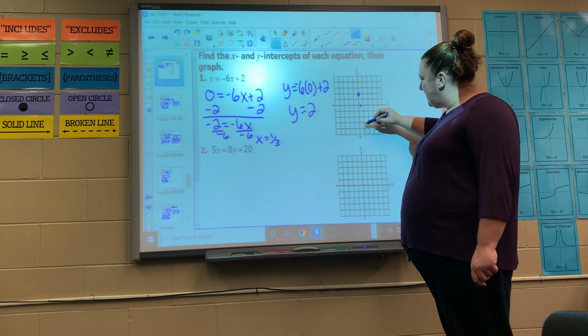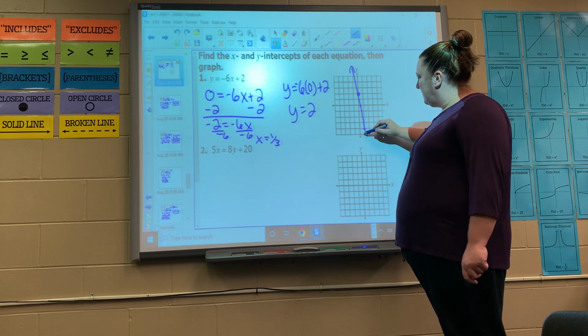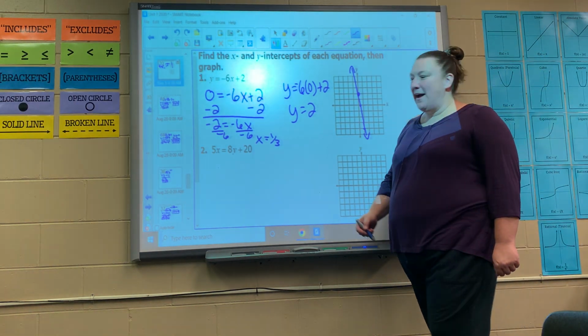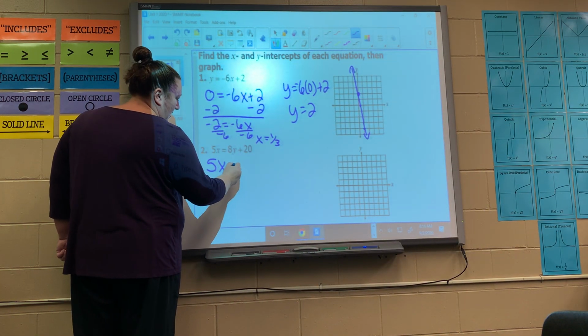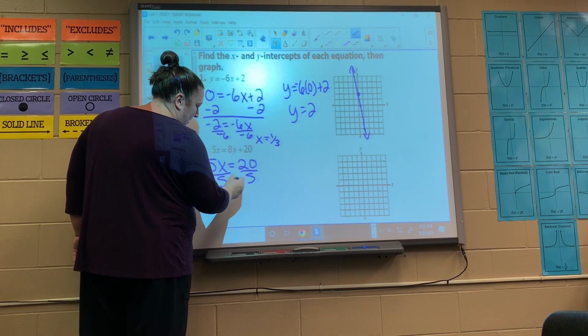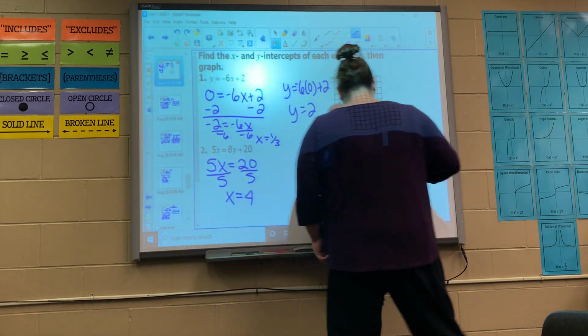So now, this is going to be my line. On my next example, to find our x-intercept, I put in 0 for y and solve for x. X equals 4. 4 is right here.